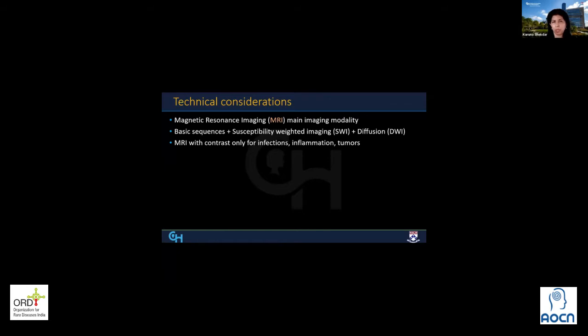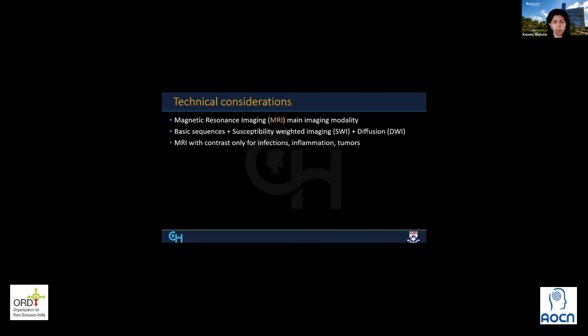We also utilize gradient echo or susceptibility weighted imaging. This is especially to look at mineralization and blood products, which is very important, particularly in NBIA, the iron deposition disorders. And we also use diffusion weighted imaging for some specific acute presentations of some disorders.